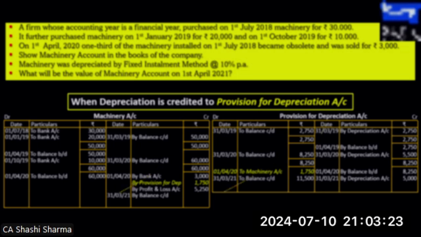Balance CD in the machinery account at the end of third year is 50,000, and from 50,000, the balance CD 11,500 will be deducted. So the final value, which will be shown in the balance sheet on the asset side, will be 38,500. And this 38,500 is the same figure as shown by the machinery account in the previous method.